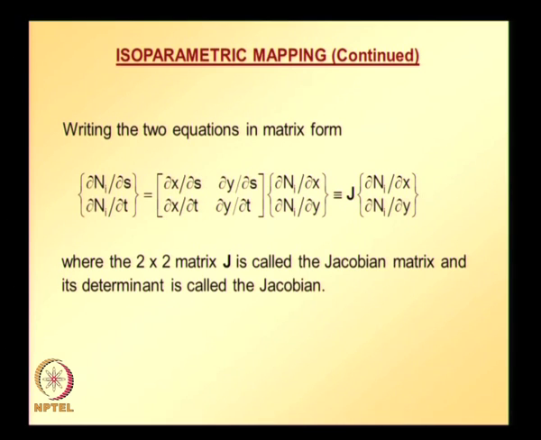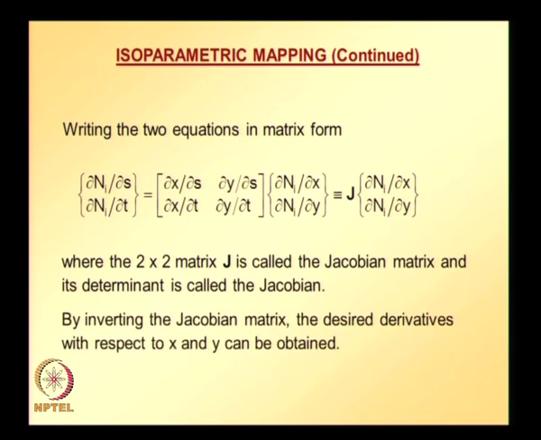And here if you see this equation, if we know the derivatives of shape function with respect to x and y, this relation gives shape function derivatives with respect to s and t, and if we invert this by inverting the Jacobian matrix, the derivatives with respect to x and y can be obtained.